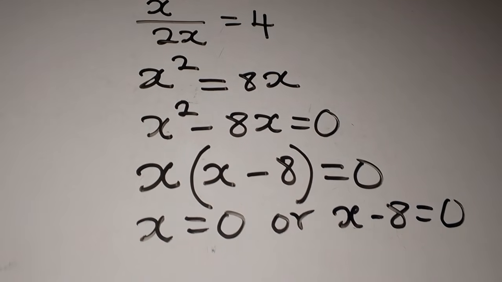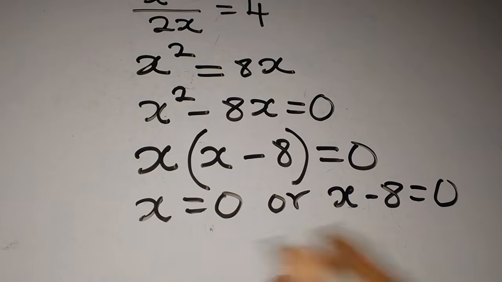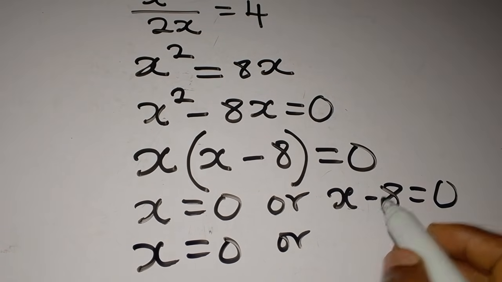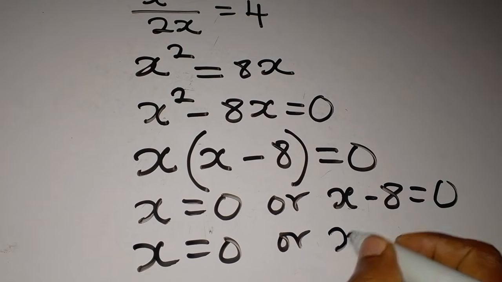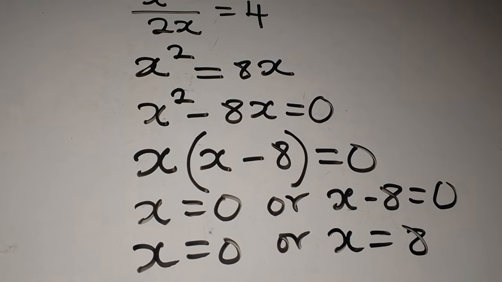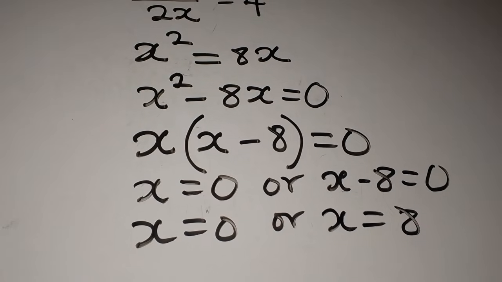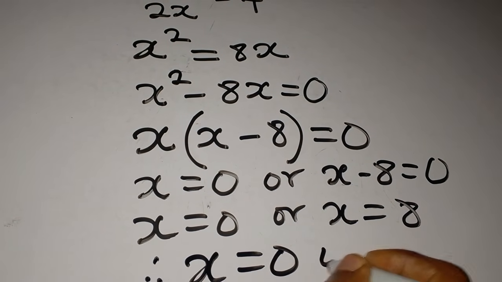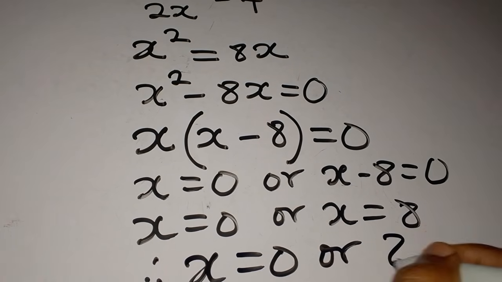Take minus 8 to the other side, and it becomes plus 8. So this means that we already have two solutions from here. We have x to be 0 or 8.